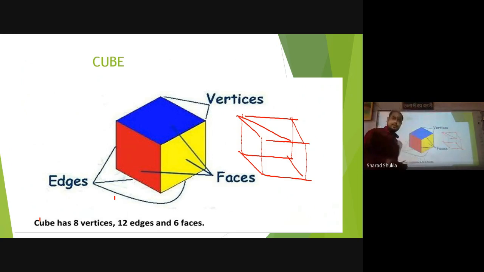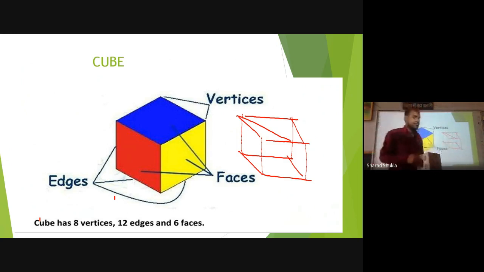How many faces in the cube? Please see that faces, count the number of faces here. First face, second, third, fourth, five, and last one is six.